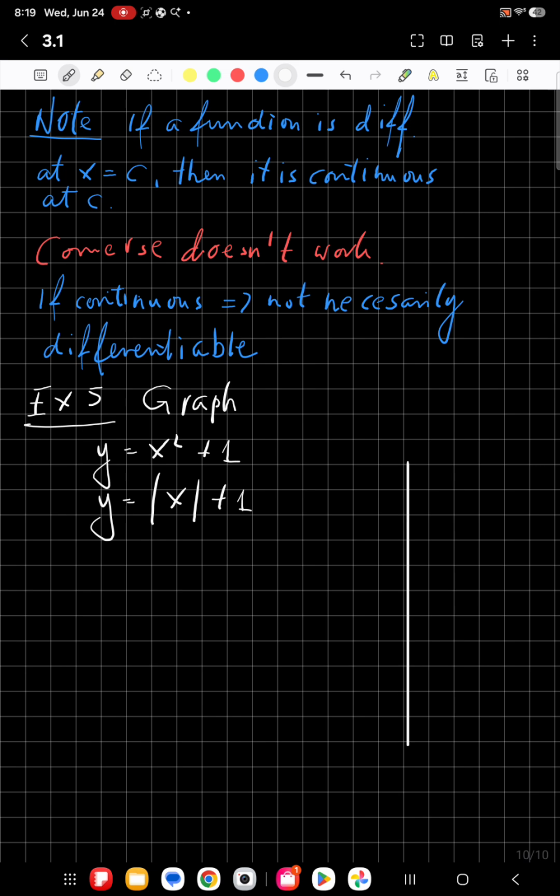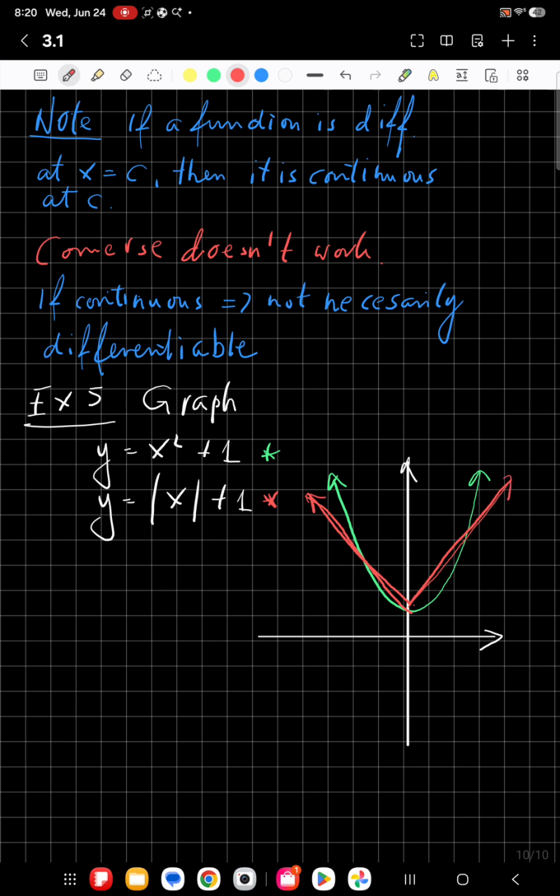Let's make this one green. So x squared plus 1, right? So it's just a basic parabola shifted up by 1. And the other one, I'll make it red. The second one is absolute value. So, right, that v shifted up by 1 as well.